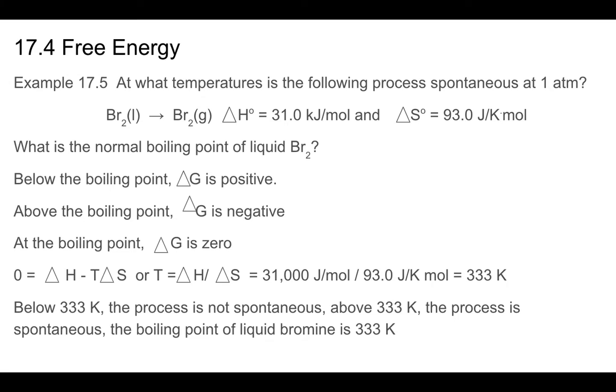And that means the boiling point of liquid bromine, where delta G is 0, because it's in between being not spontaneous and being spontaneous, is 333 Kelvin. So interesting that you can find something's boiling point from data about its enthalpy change and its entropy change for a particular boiling process.